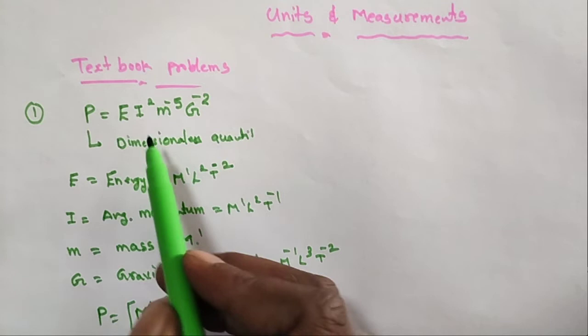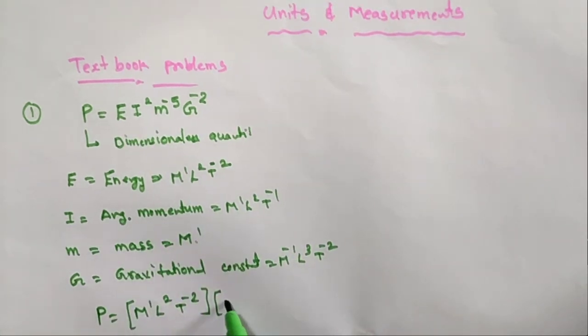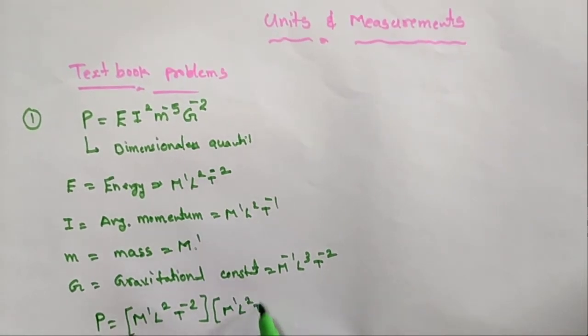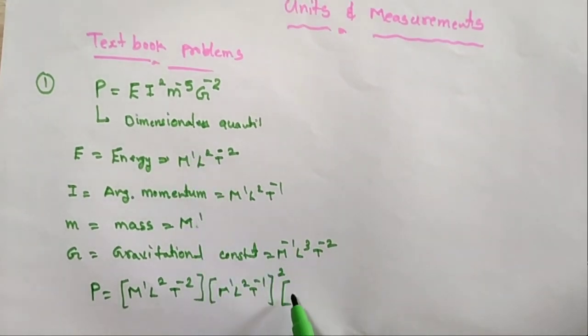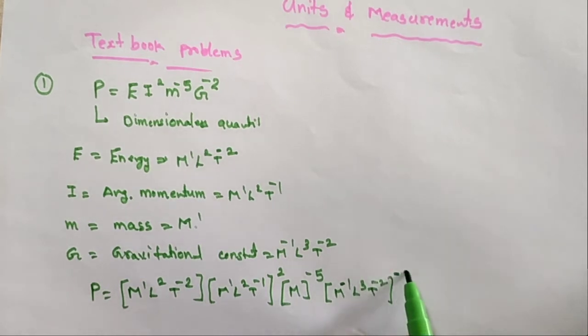Second, I square, the angular momentum, that is M power 1 L square T power minus 1 whole square. Third, mass, M power minus 5. Fourth, G, M power minus 1 L cube T power minus 2 whole power minus 2.